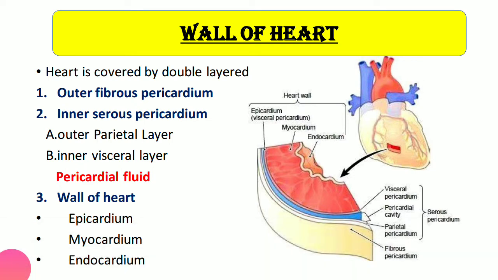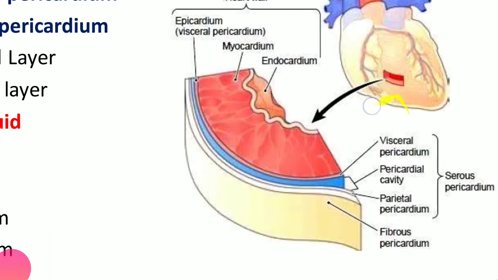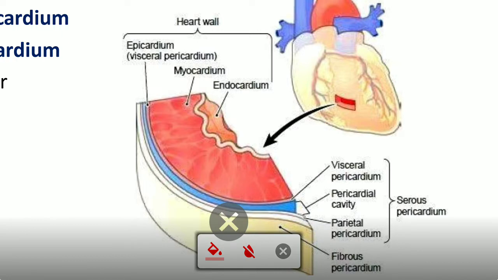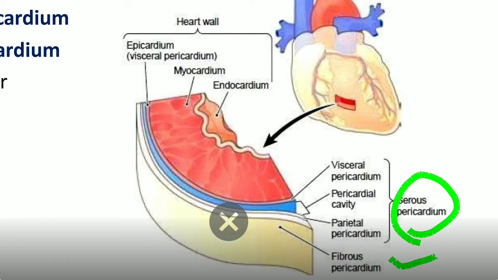You can see the diagram here, which shows the fibrous pericardium as the outer one and the serous pericardium as the inner one.